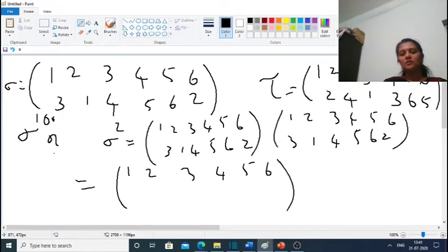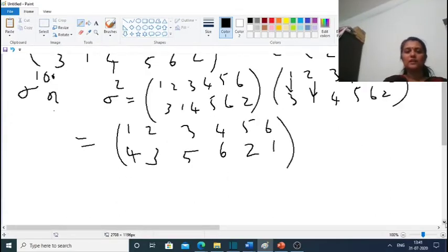Till then you have to find sigma raised to n. So 1 goes to 3, 3 goes to 4, 2 goes to 1, 4 goes to 5, 5 goes to 6, 6 goes to 2. So this is sigma square.